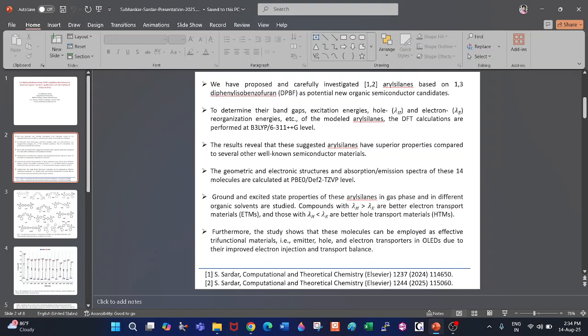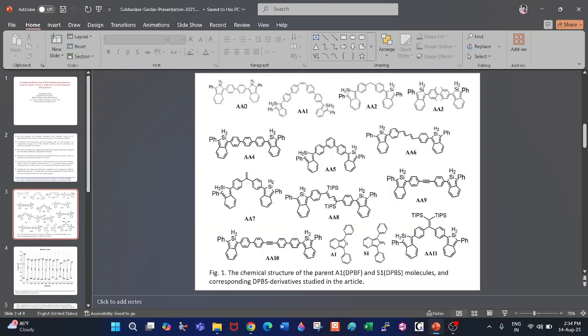We have presented this work in my two papers. One was published in 2024 and one this year in the Computational and Theoretical Chemistry journal. And these are the molecules we have studied in the gas phase and in different solvents. These are the structures of the molecules.